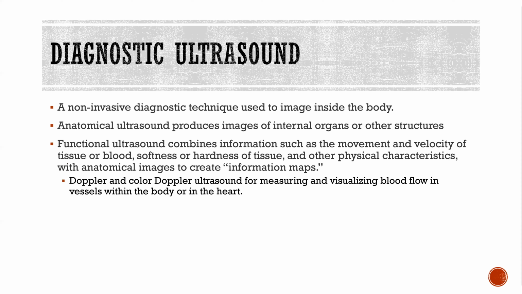And so the functional ultrasound combines information such as movement and velocity of tissue or blood, softness or hardness of the tissue, and other physical characteristics. And so we often think of these in terms of our Dopplers and our color Dopplers that are used in cardiology clinics when we're looking at blood flow and flow within the blood vessels.